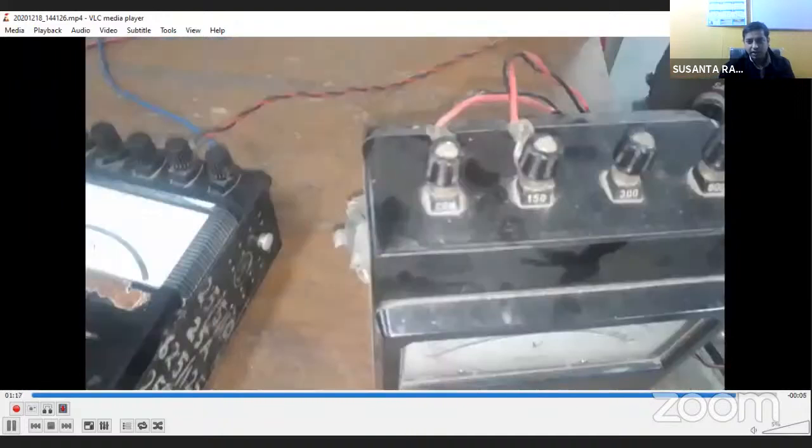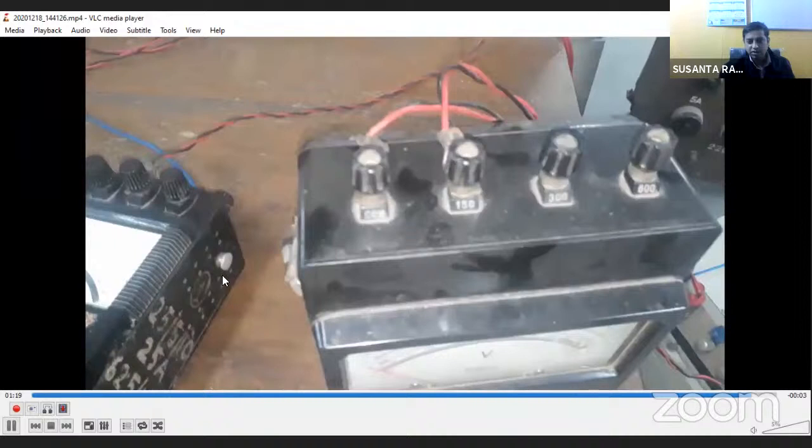But initially he has connected the 150 volt range, because when we start the experiment with a lower voltage, suppose 10 volts, then only 20 volts will be developed in the high voltage side. So therefore he has started with the minimum range of the voltmeter. Is there any doubt regarding this open circuit test setup?